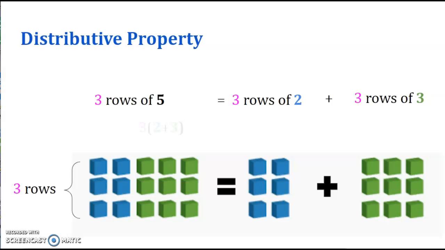Algebraically, we can express this as 3 rows of 2 in blue plus 3 rows of 3 in green, which is the same as 3 times 2 plus 3 times 3.